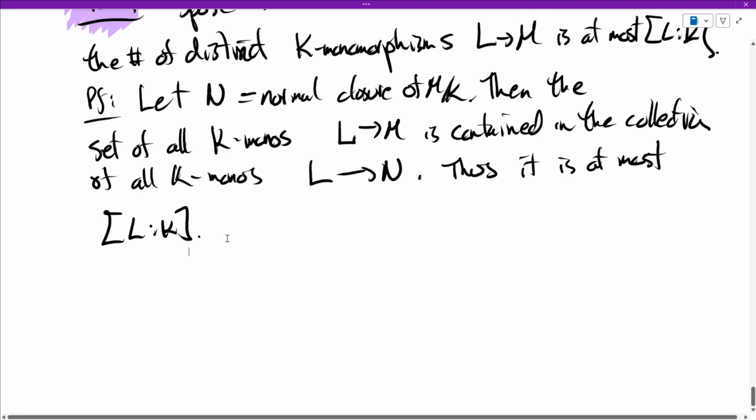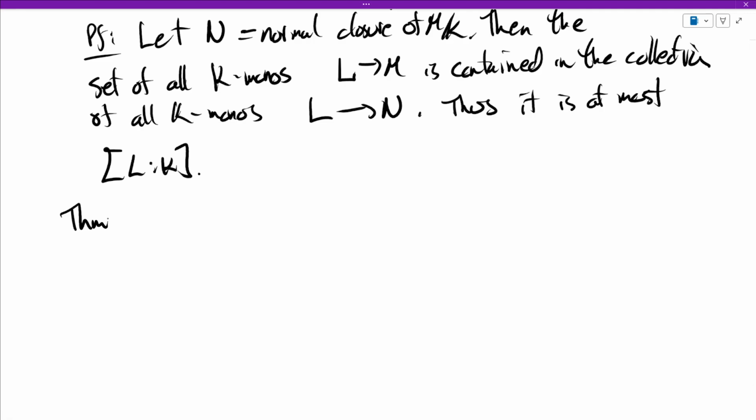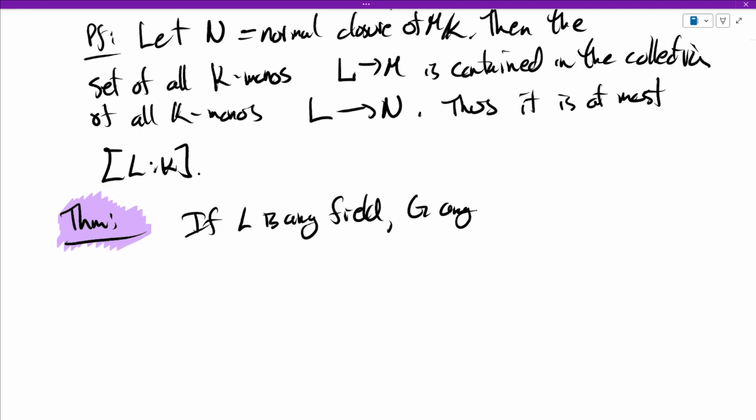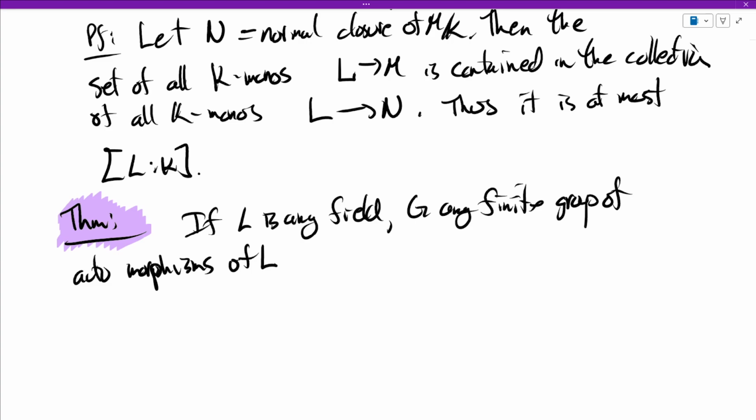The last theorem in the chapter, might as well just bang it out here. I did skip one of the theorems in this chapter because it was unnecessary. But nevertheless, the last theorem of the chapter is: if L is any field, G any finite group of automorphisms of L. I'm not going to say K-automorphisms because we don't have a K, we just have a field. And we let K be the fixed field.